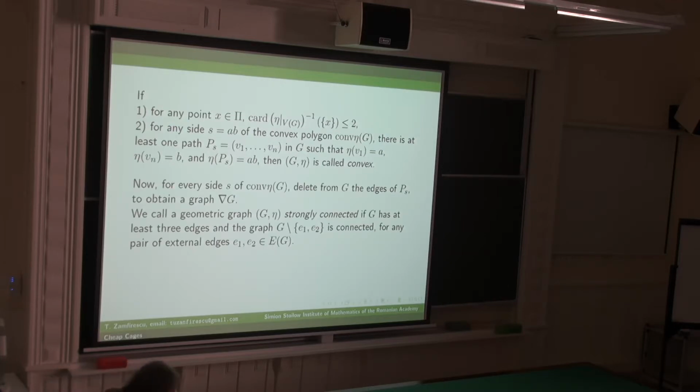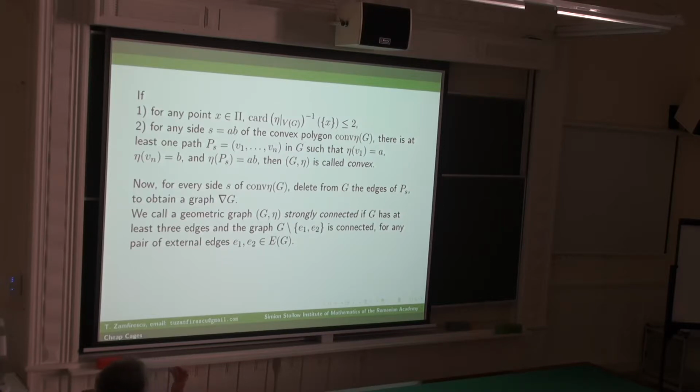Now we do this. We delete from the cage the edges of PS. PS is one of those paths which projected on a side of the polygon of the projection. One of them, only one.